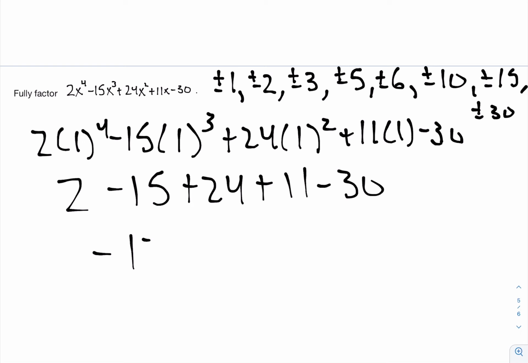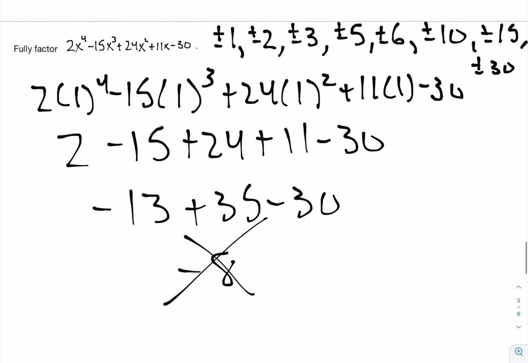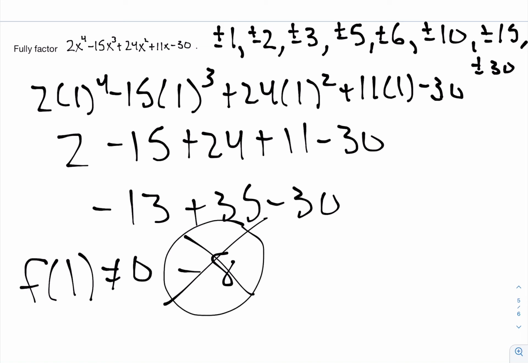So this will be negative 13 plus 35 minus 30. We're going to get negative 8. This isn't equal to 0. So the function evaluated at 1 does not equal 0. Therefore, x minus 1 would not be a factor of this expression.